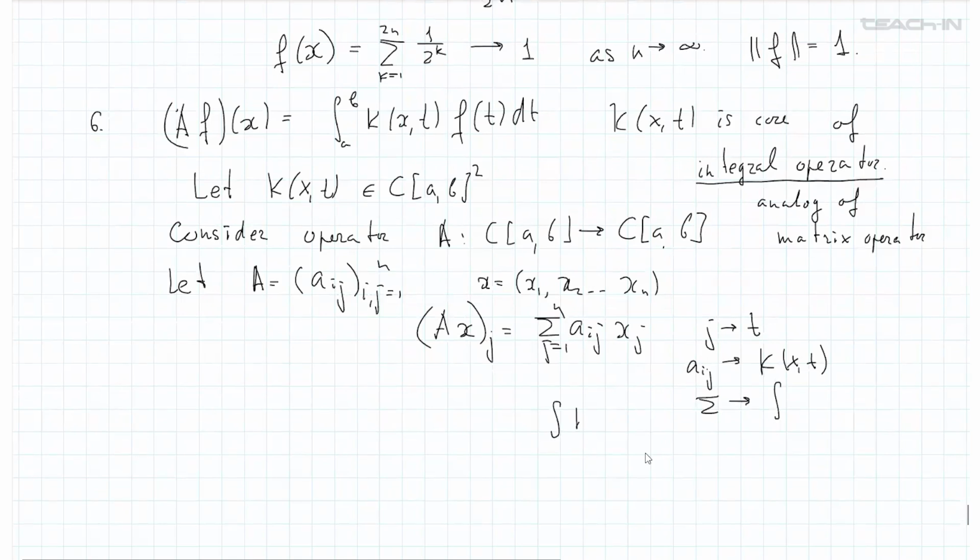So you obtain just the integral of k(x,t) f(t) dt, and i changes to x. But I made a mistake in the previous formula: I take the sum by index j, so it is the i-th coordinate. Sorry.